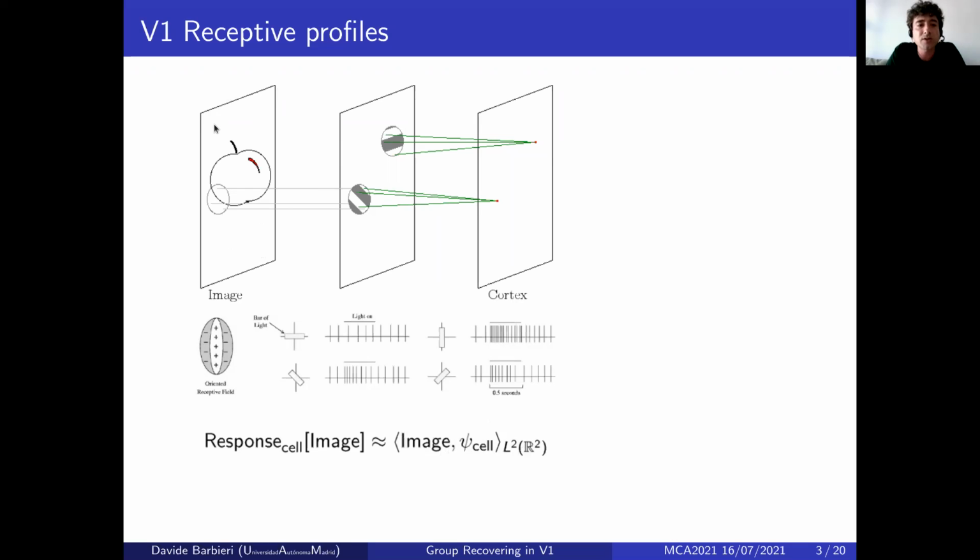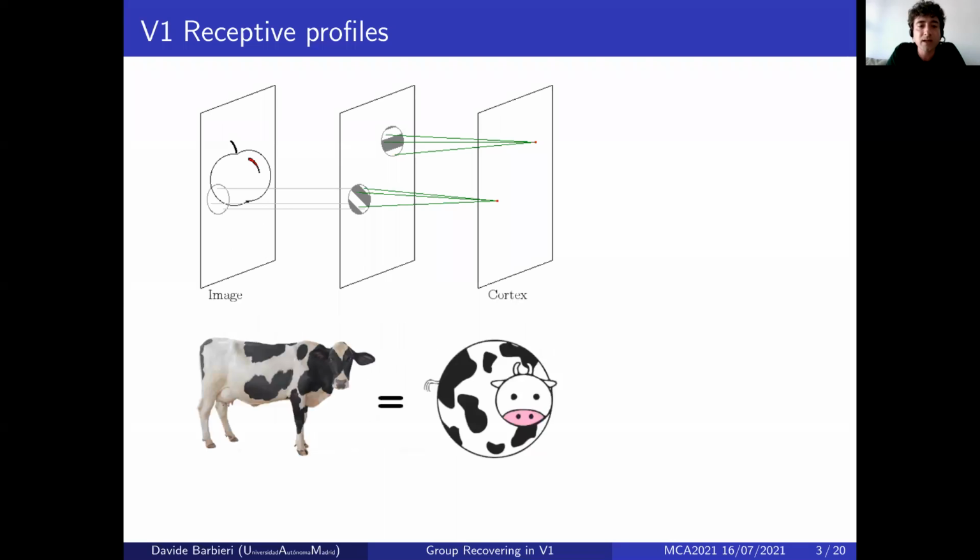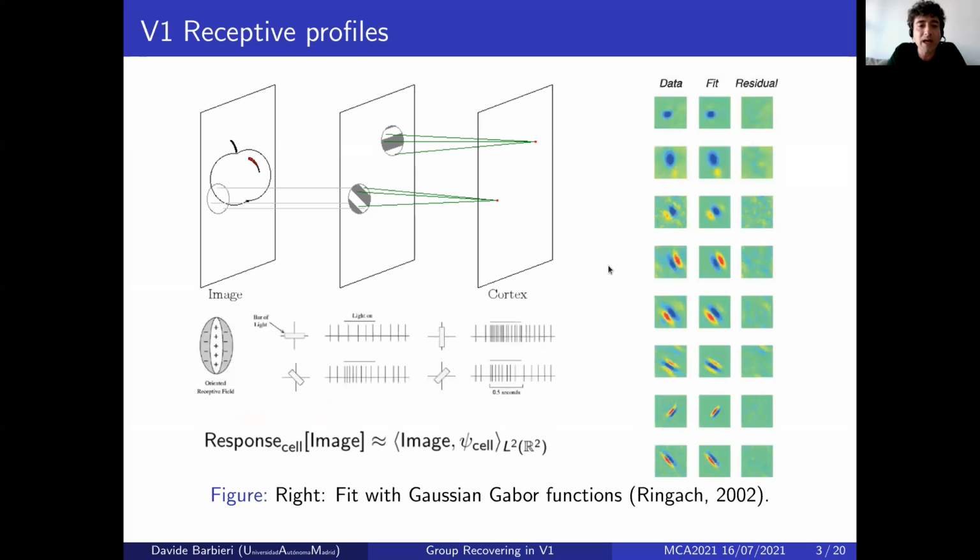This is a very sketchy model, with a strong spherical cow assumption, something very common among modelists. For the purpose of this talk, the activity of each neuron in primary visual cortex is approximately that of a scalar product with a function.